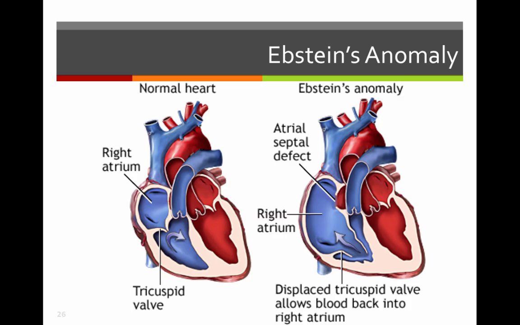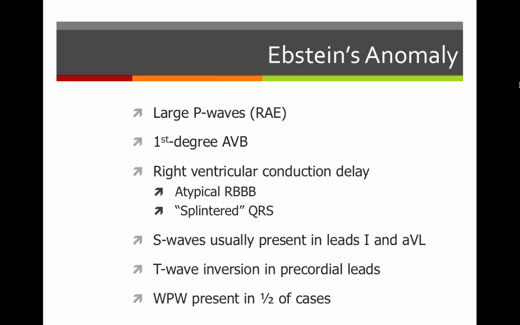since this is a pediatric birth defect. On EKG, you'll typically see a large P wave, indicating right atrial enlargement. You may see a first-degree AV block, but definitely right atrial enlargement and a right ventricular conduction delay, which we'll just call an atypical right bundle branch block, or some sort of splintered QRS complex that we'll call a right ventricular conduction delay.